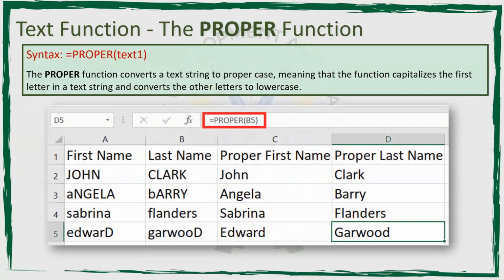This is another one that I stumbled upon that's pretty cool. It's your PROPER function, which is a text function. And I get this a lot, especially when it comes to registrations or participants that we get from our trainings or presentations that we hold. Quite often when people put in their information, they use all caps or they type it in unusually.